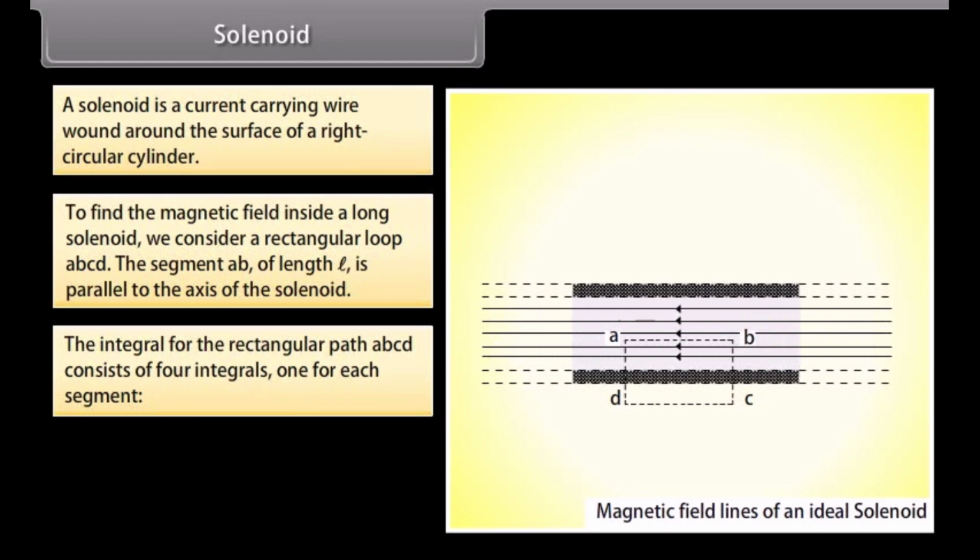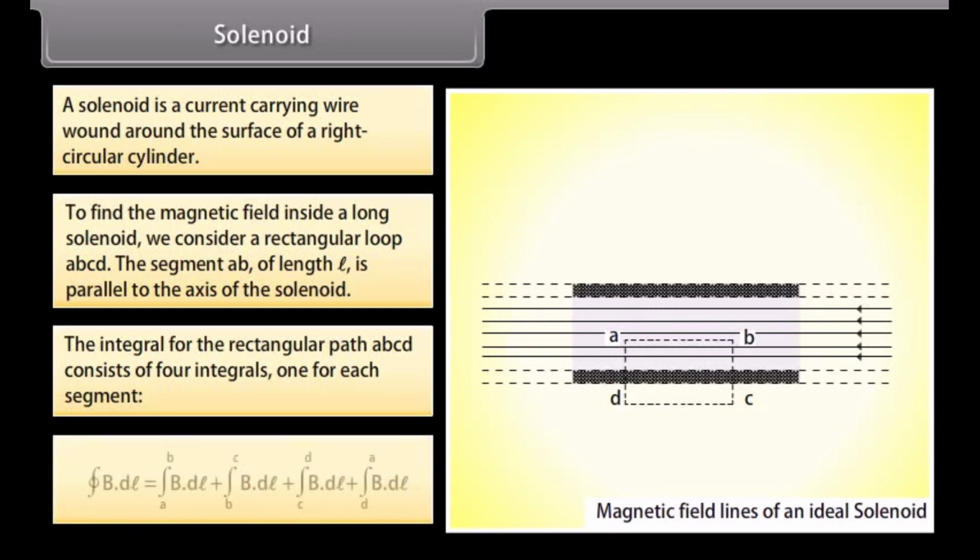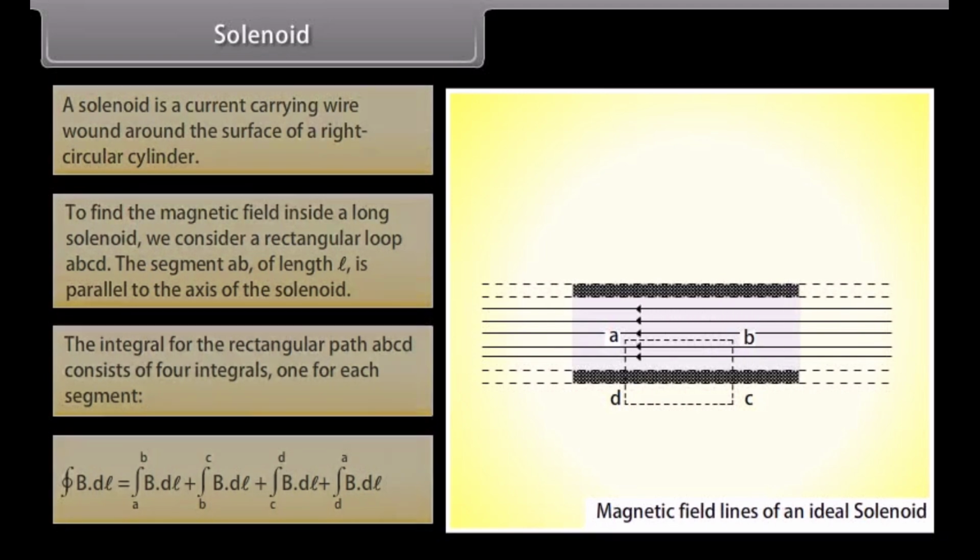ABCD consists of 4 integrals, one for each segment. Closed integral of B dot dl is equal to integration from a to b of B dot dl plus integration from b to c of B dot dl plus integration from c to d of B dot dl plus integration from d to a of B dot dl.